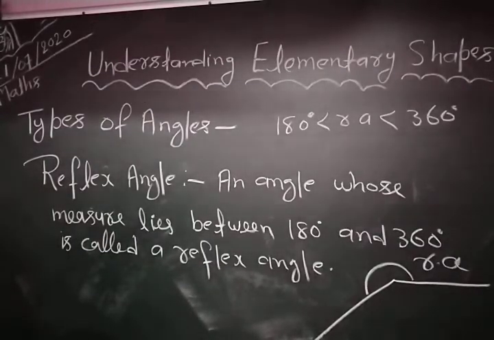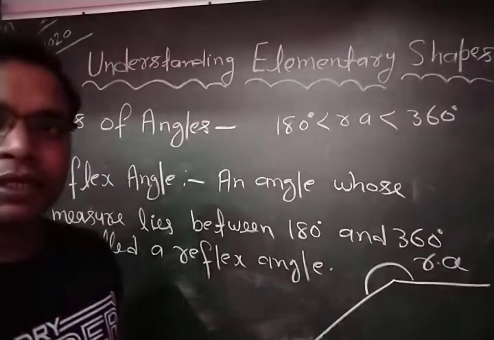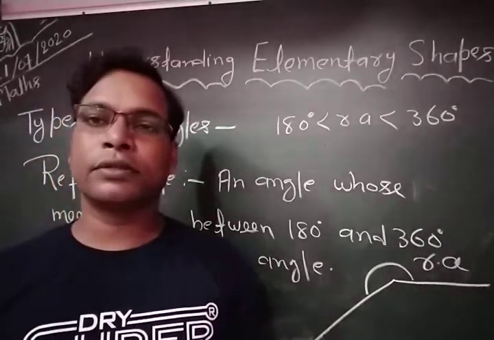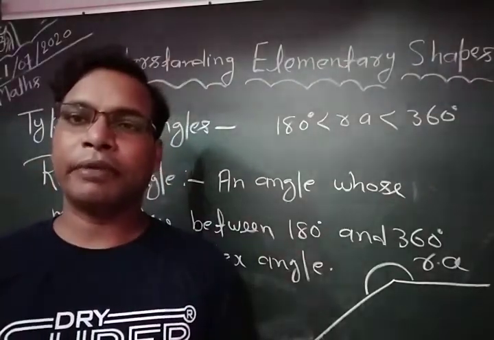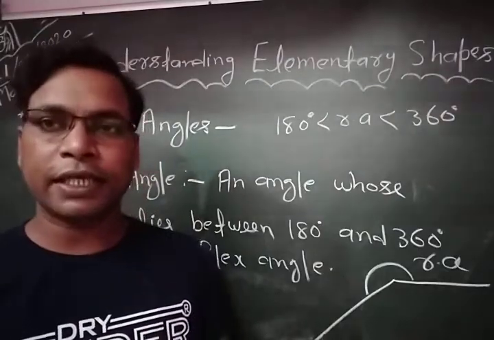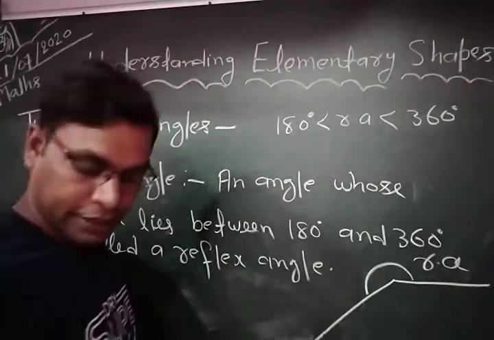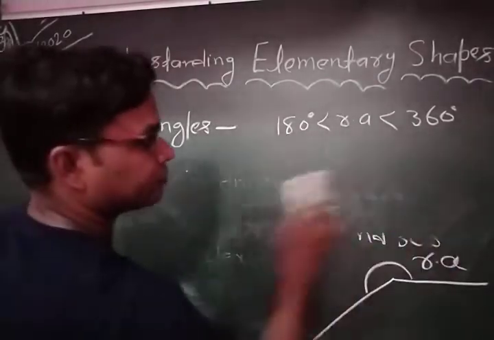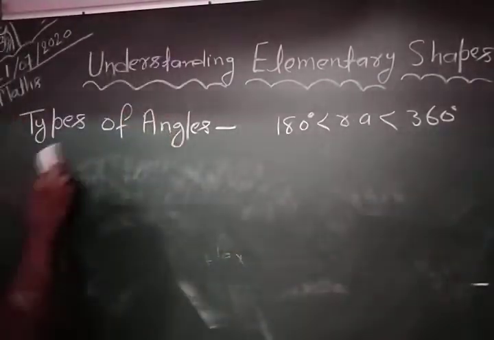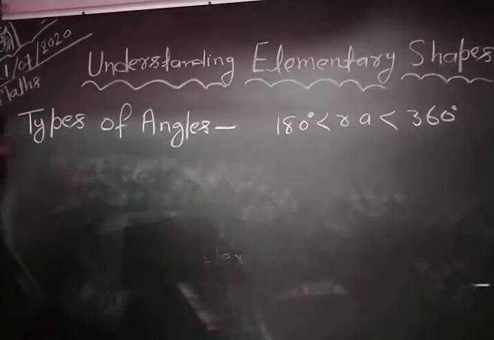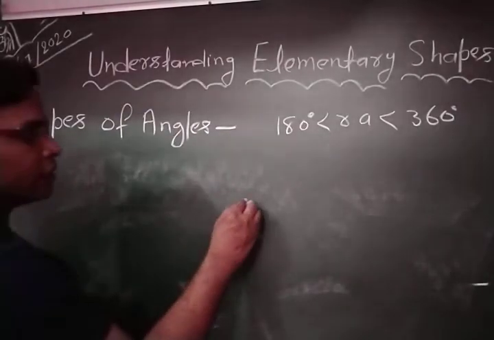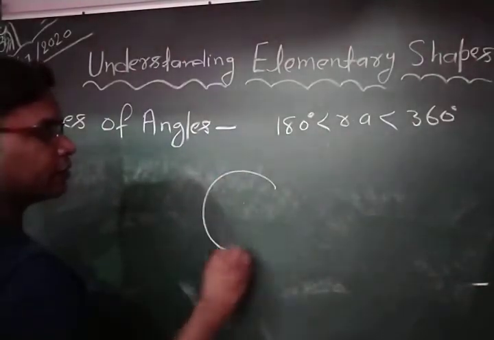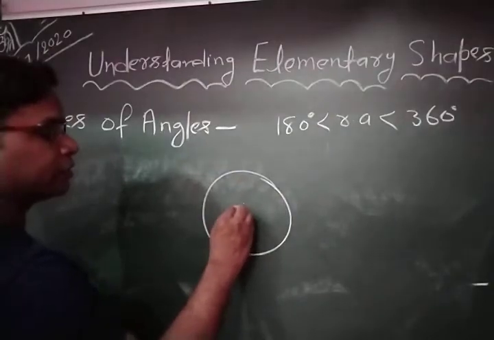Now, next angle is complete angle. What is a complete angle? The angle whose measure is 360 degrees is called a complete angle. Complete angle is like this. This is a complete angle, one complete revolution.